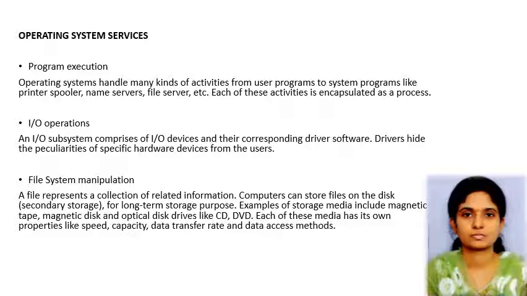Some activities which the operating system follows with respect to file system manipulation are these. First, the program needs to read or write a file, and that is handled by file system manipulation.